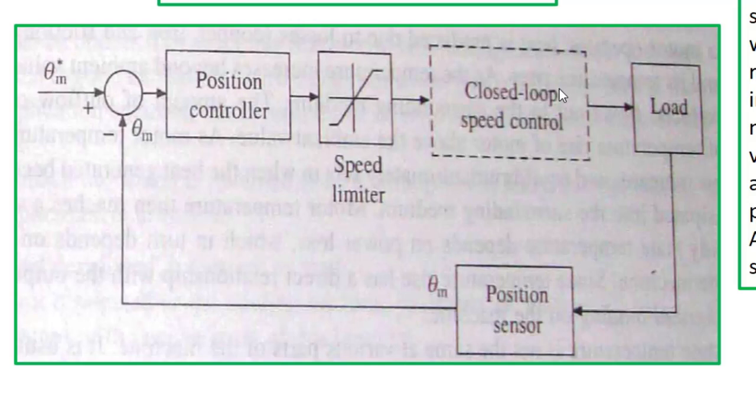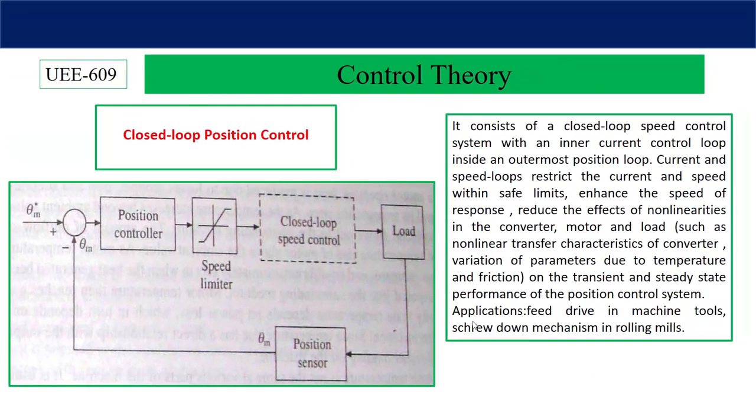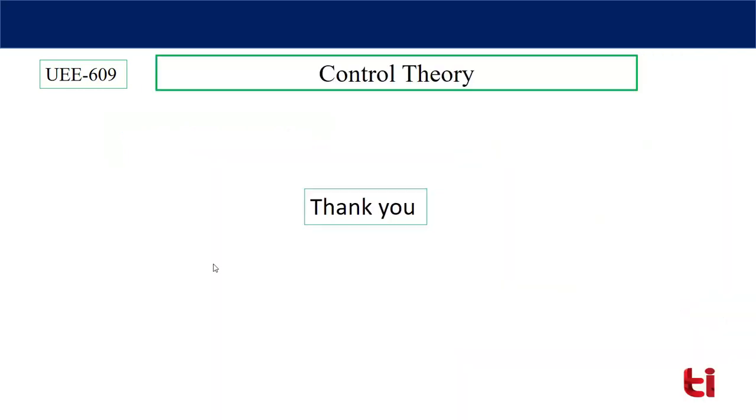Accordingly the speed of the motor will be controlled to control the speed of the load. This application is used for feed drives in machine tools and screw down mechanisms in rolling mills. Whatever I have discussed is written here, you can go through it.